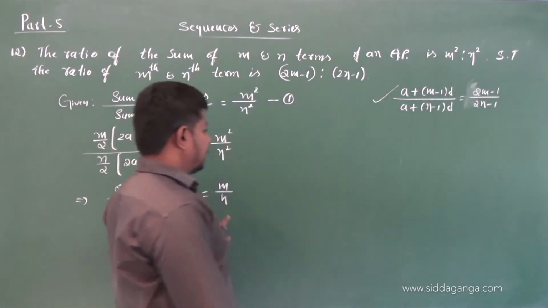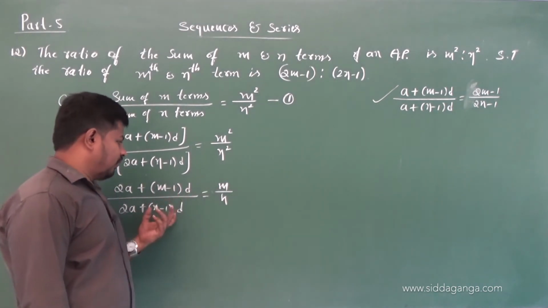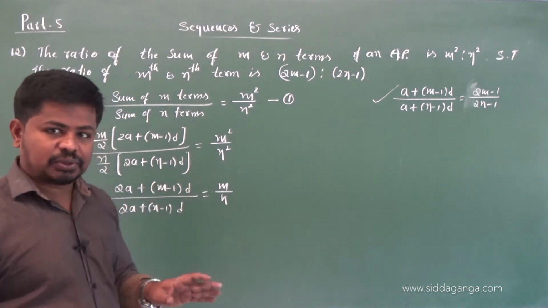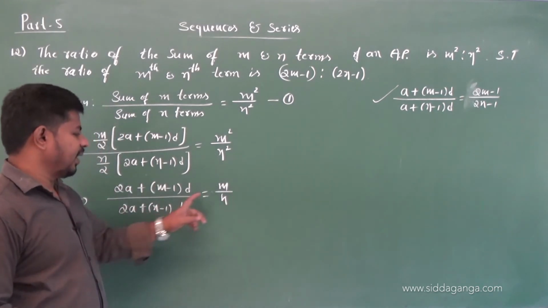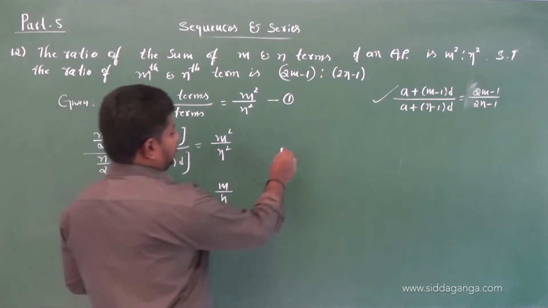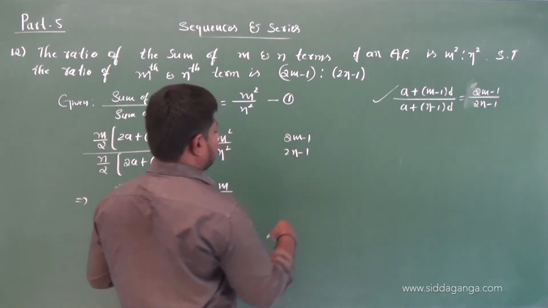That's it. If it is true for m number of terms and n number of terms, it must be true for any other number of terms also. If it is true for m and n number of terms, it should be true for 2m minus 1 number of terms and also 2n minus 1 number of terms.